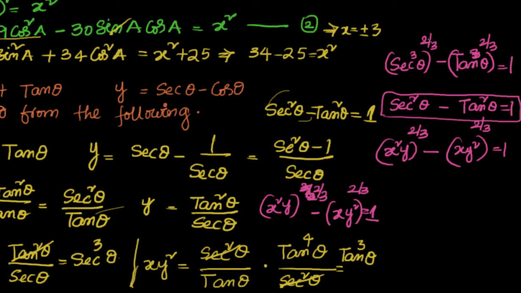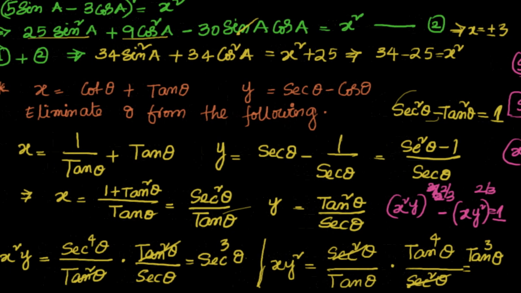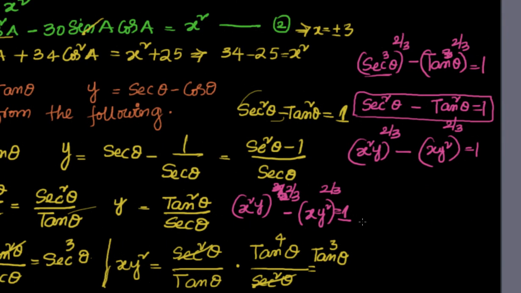That means secant cube whole to the power of 2 by 3 is secant square, which is nothing but x square y, because secant cube theta equals x square y, as we have just found here. Secant cube theta equals x square y and tan cube theta equals xy square. So the answer is x square y whole to the power of 2 by 3 minus xy square whole to the power of 2 by 3.